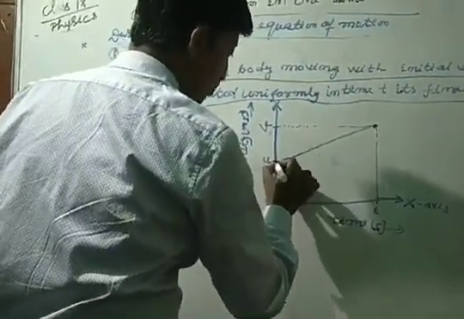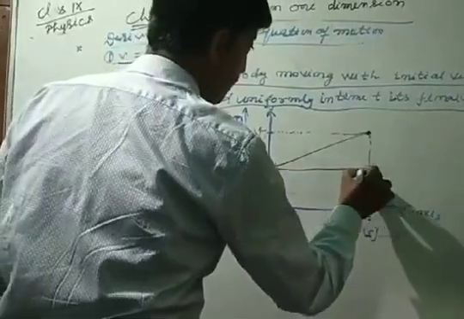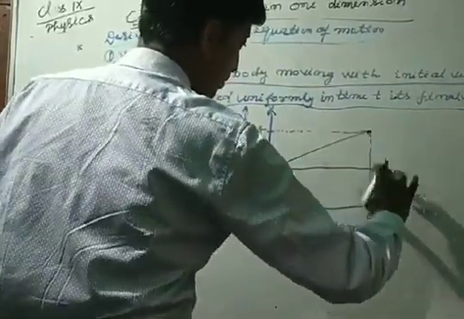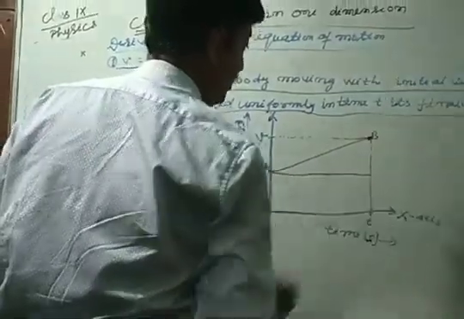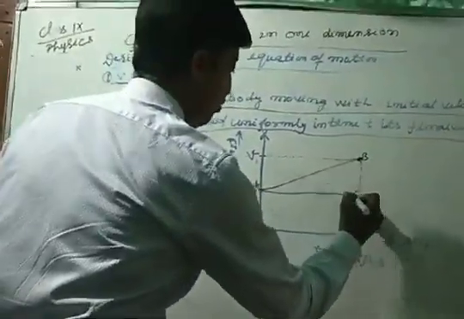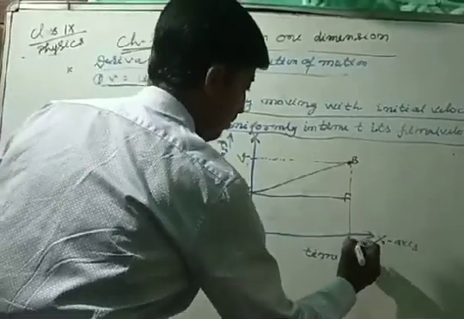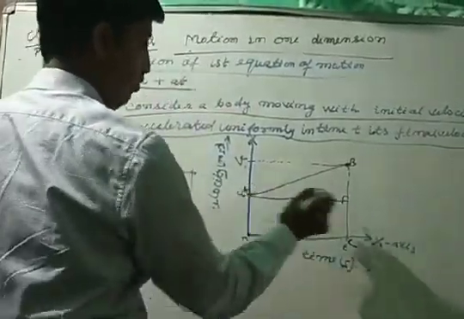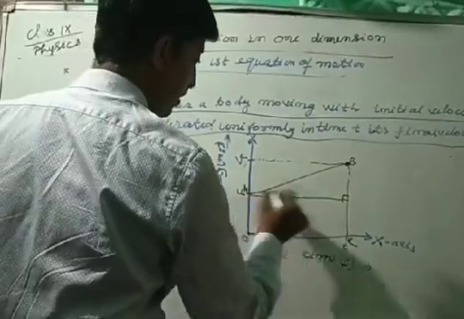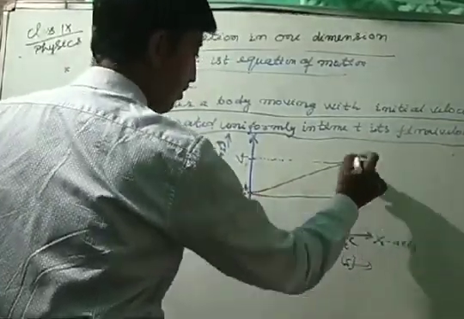Here we take a point A and a point B. Take a point C and draw perpendicular AD on BC.